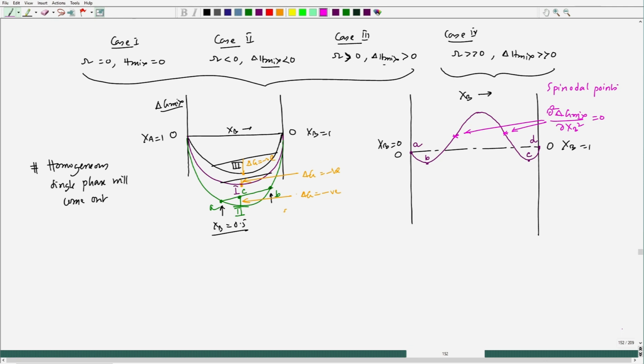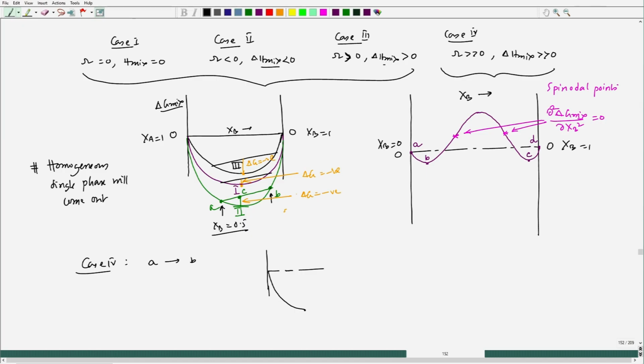This is the plot we are talking about, case 4, we are discussing case 4 now. Let us say I am starting with point A and gradually going towards B. So, if I draw the A and B part, if I zoom it, the zoomed portion would look like this.